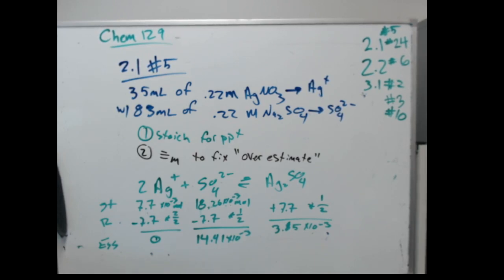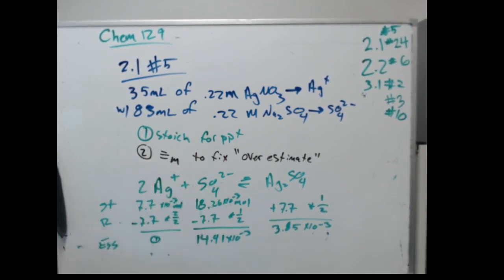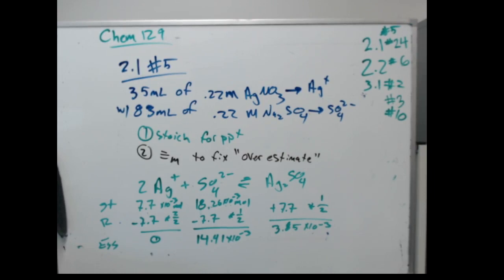So essentially, every mole of silver that we use up uses a half mole of sulfate. I need 2 moles of silver to react 1 mole of sulfate. And in addition, I have more sulfate to start with, so it's easy to tell what the limiting reactant is. Again, I checked the limiting reactant in my head.